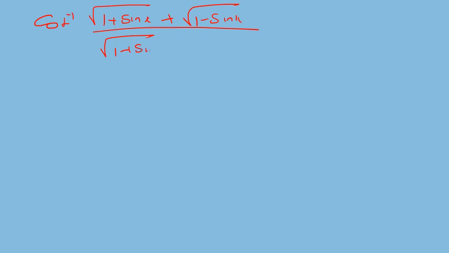Simplify cot inverse root of 1 plus sin x plus root of 1 minus sin x by root of 1 plus sin x minus root of 1 minus sin x. Now, this we can write as cot inverse.